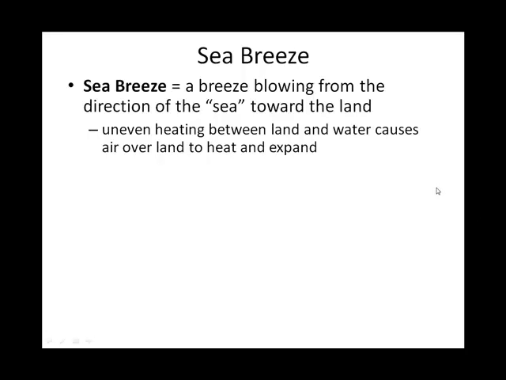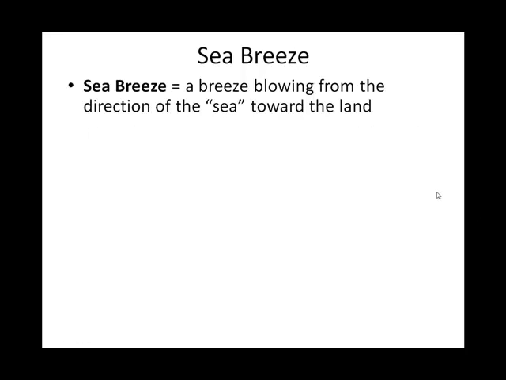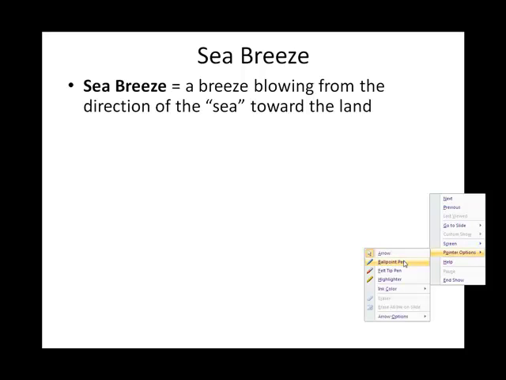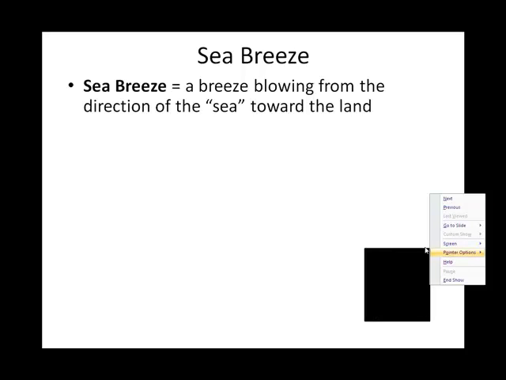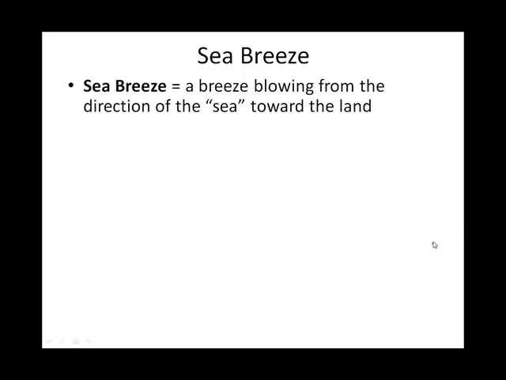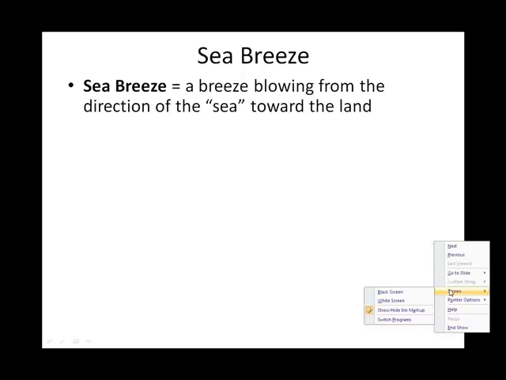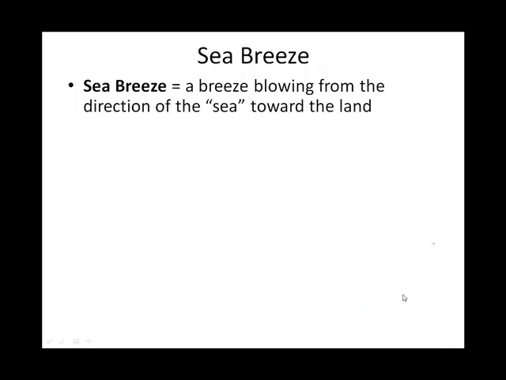We talk about a lot of breezes, and anytime somebody throws a breeze at you, they're talking about a wind, and the direction the wind is blowing from is always given in the name. So when I say sea breeze, the sea is the direction from which it's blowing. Okay, so a sea breeze is a wind blowing from the sea.